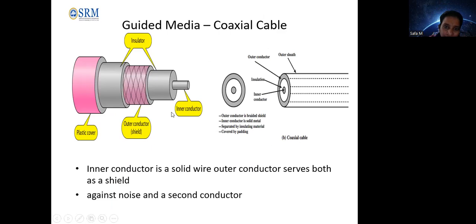Outer conductor, inner conductor: this is coaxial cable. We have two insulators, with the inner conductor and the outer conductor. The inner conductor is a solid wire, and the outer conductor serves as a shield against noise. The outer conductor is a braided shield and the inner conductor is solid metal.